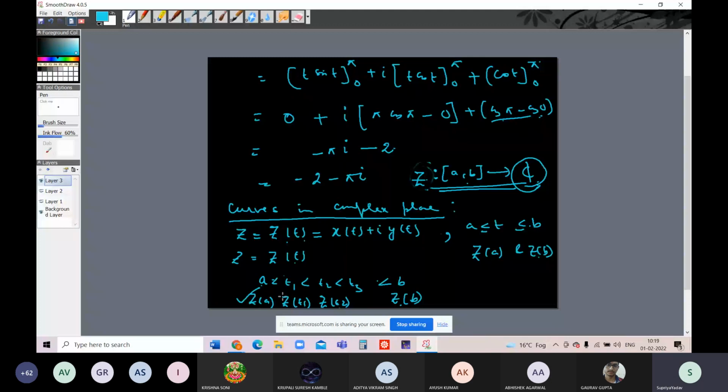And the direction of the curve: suppose this is our complex plane, and we are representing a curve like this.